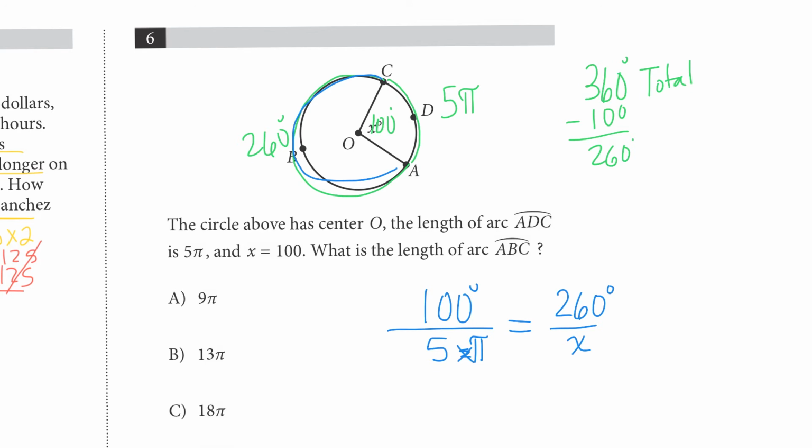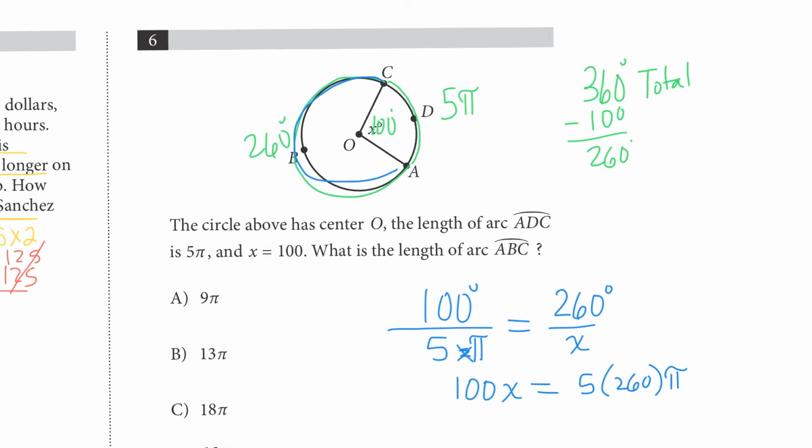So we can do a little cross product. 100 times x, that would be 100x. And that's equal to 5 pi times 260. 5 times 260 times pi. So your answer will be in terms of pi.